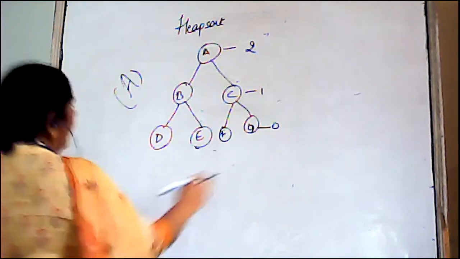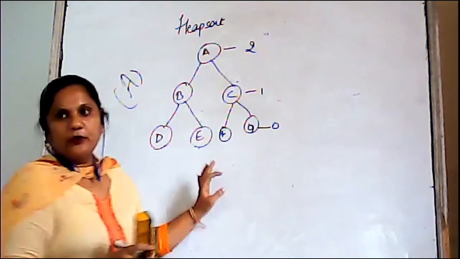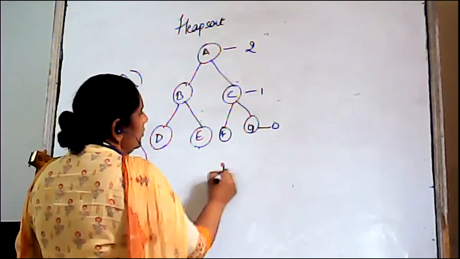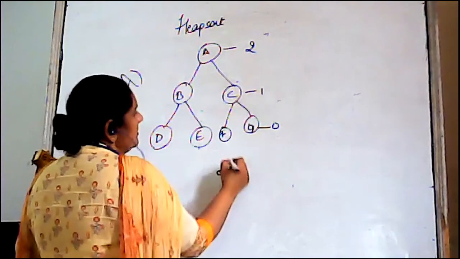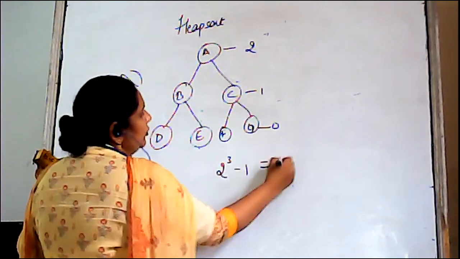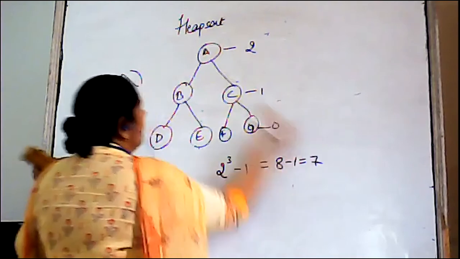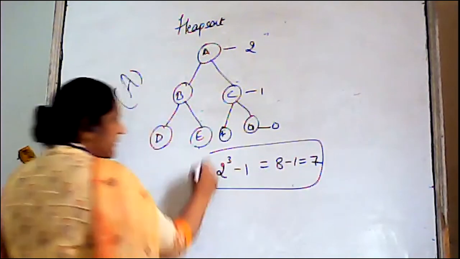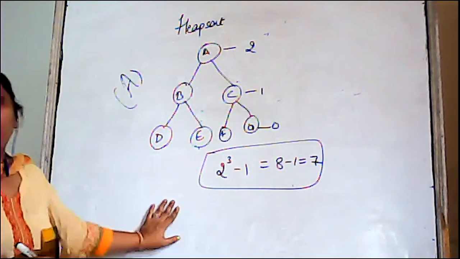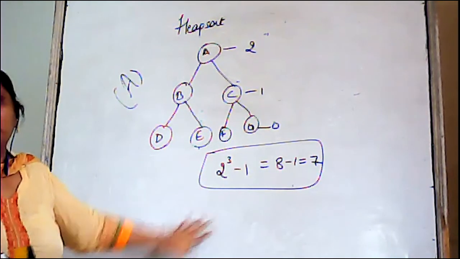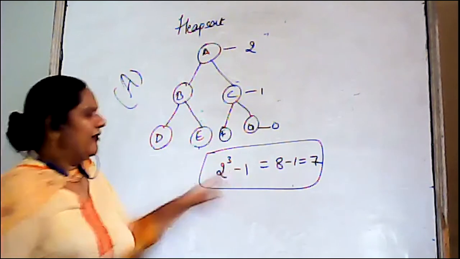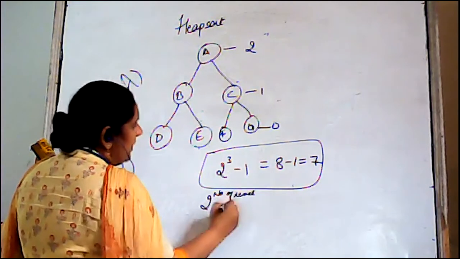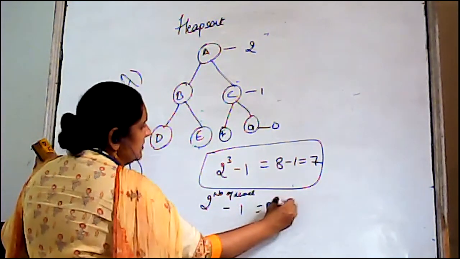Now, what would be the number of nodes that this tree would have? That is 2 raised to power number of levels, that is 3, minus 1. So it is 8 minus 1, which is 7. If I count 1, 2, 3, 4, 5, 6, 7 nodes are there. So the number of nodes is 2 raised to power number of levels, minus 1.